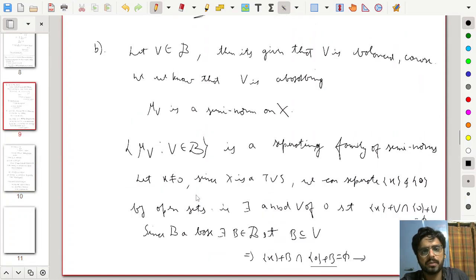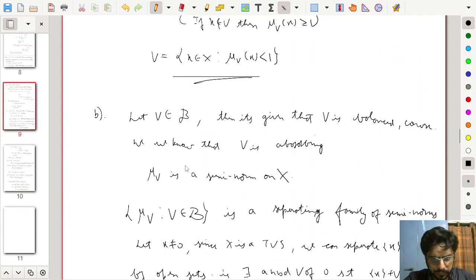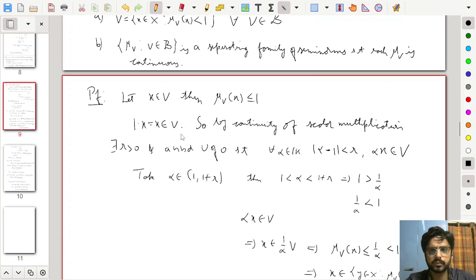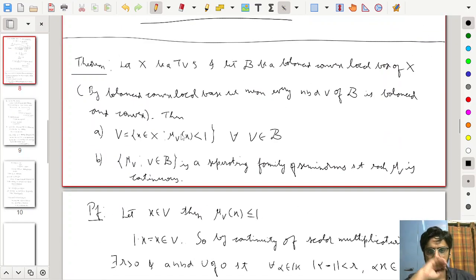Is it okay? So the next theorem is a converse of the previous theorem that we proved. In the previous theorem, we showed that if we have a topological vector space and a balanced convex local base of X, then we get a separating family of seminorms. We will be proving the converse of this theorem.